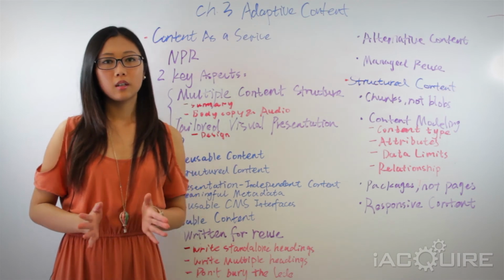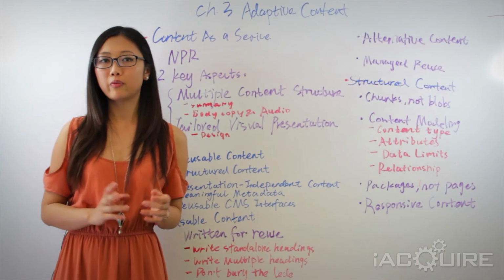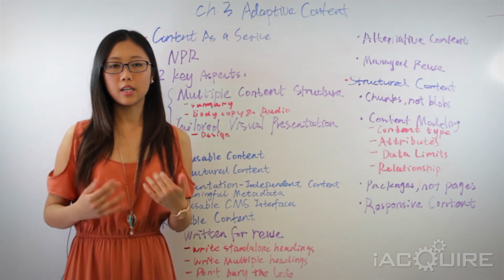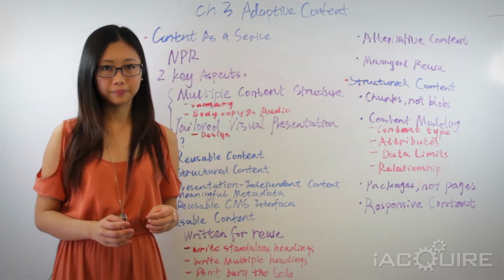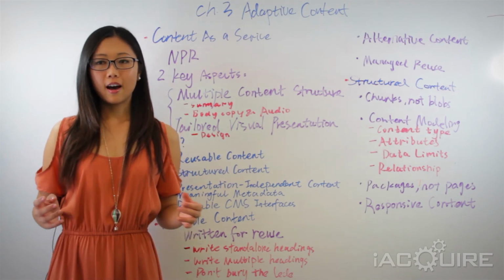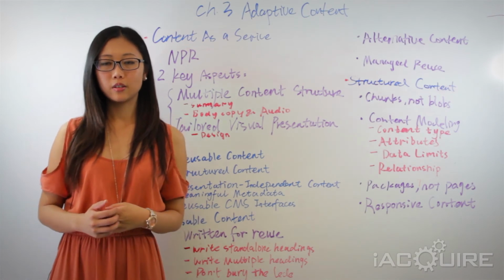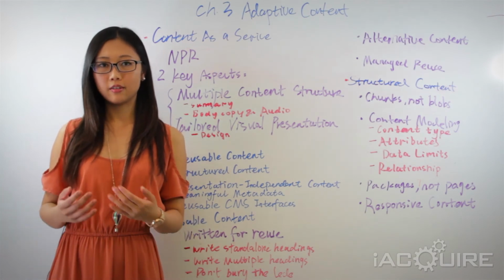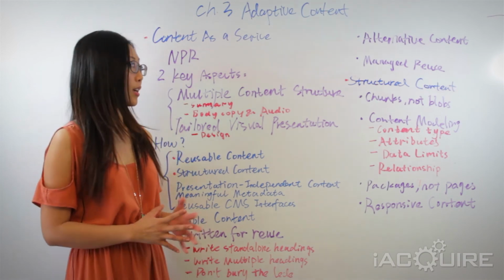So the solution is, before you create the content, always keep in mind to break it into smaller chunks. Then different platforms and devices can choose which mix to display from different chunks. It will make it much easier.